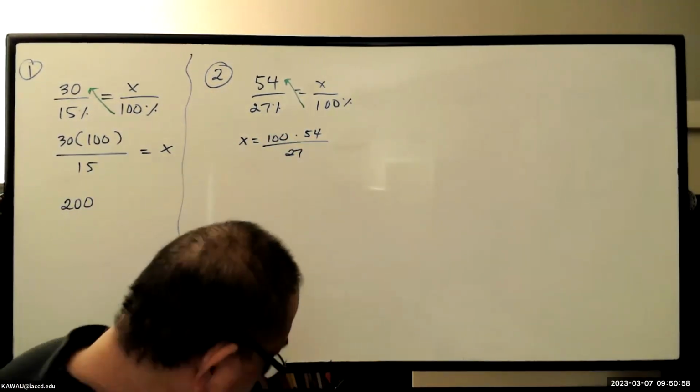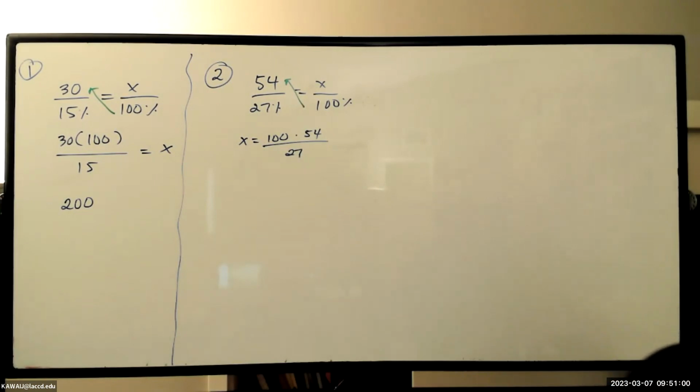It feels like 200. The answer said 146. That doesn't feel right. Let's see. 54 divided by 0.27. I got 200 on this one also. 54 failed a math test. This is 27%.